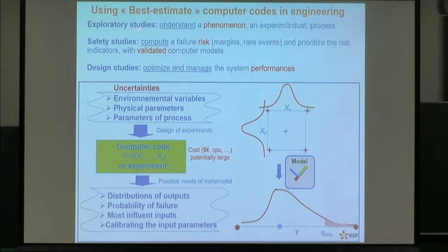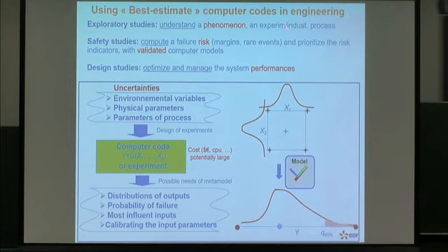So the context is the one of using best estimate. Best estimate is a word that we use mainly, I think, in nuclear engineering. A best estimate computer code is a high-fidelity computer code, but which can be used in an engineering context. This is not the highest fidelity of physics, but we can use this kind of computer code.